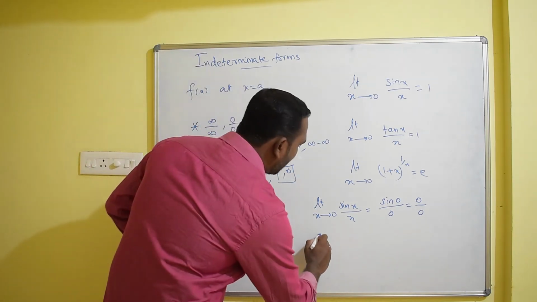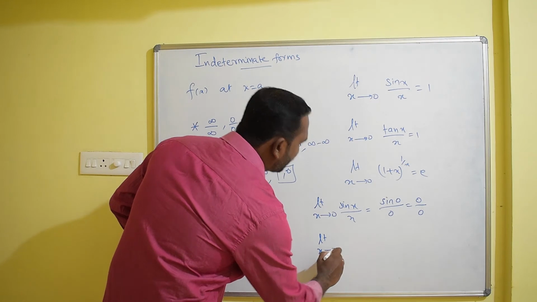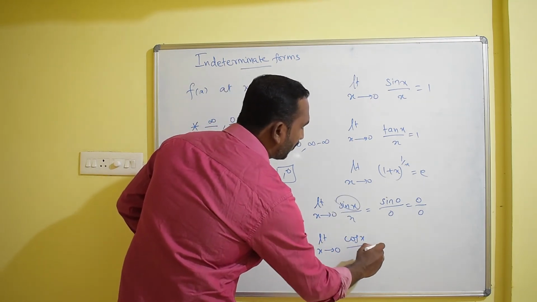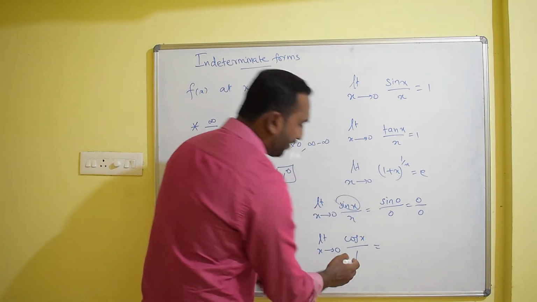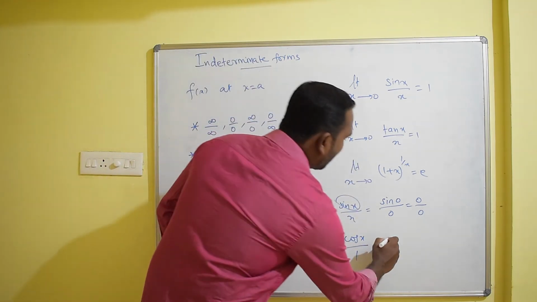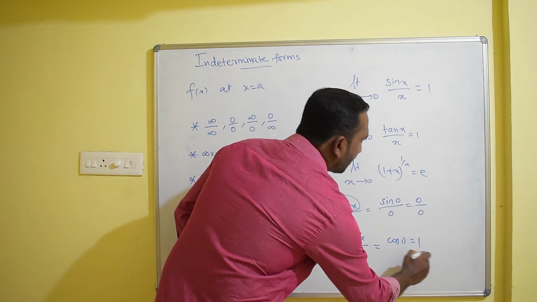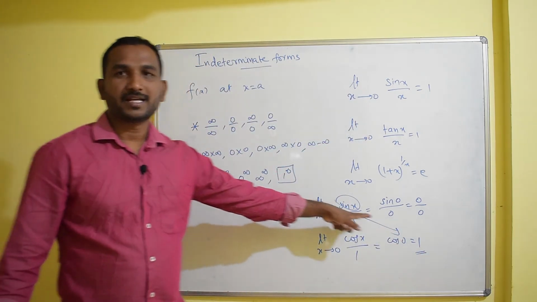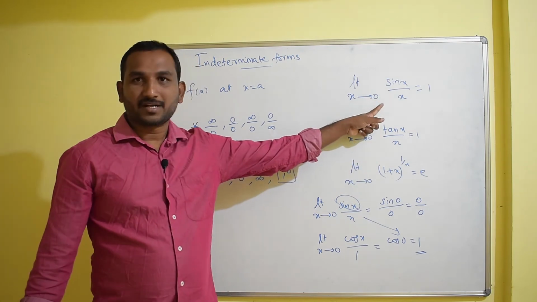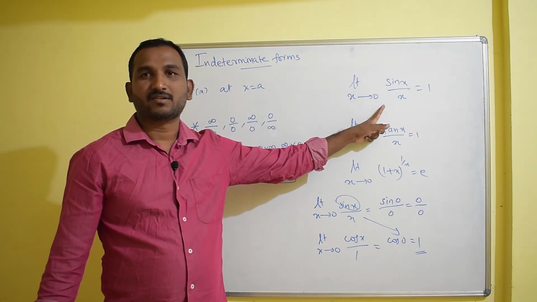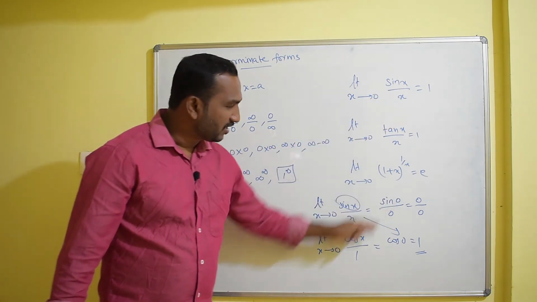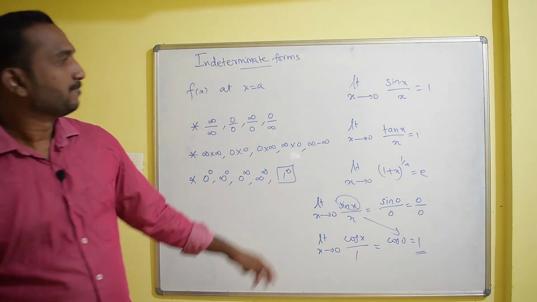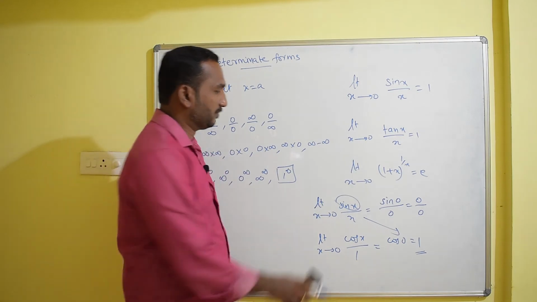So limit x tends to 0, sine x will become cos x and x will become 1. Now apply the limit. In the denominator I have 1, and cos 0 is 1, correct? And look at this value: sin x by x gives 1. That's what I have written, sin x by x is equal to 1. So you can save all these steps, or this time also. Similarly, you can prove the second one.